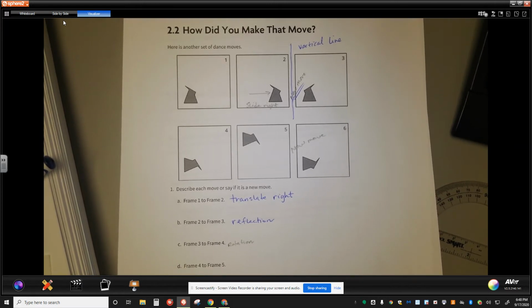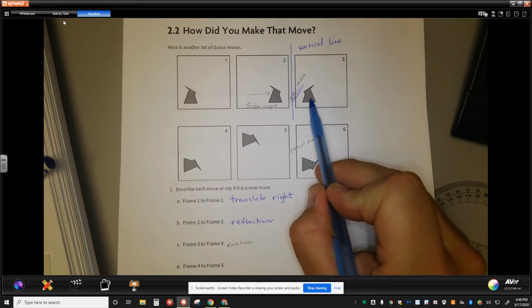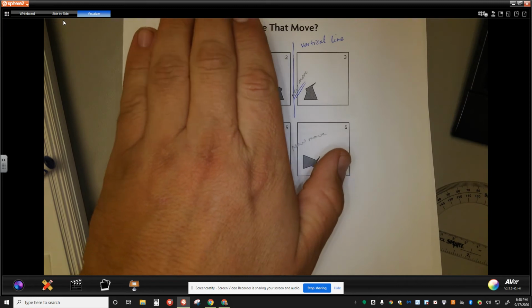When you get to 8th grade, the emphasis is on reflecting across the y-axis and reflecting across the x-axis. Those will be the two axes that we see reflections on when we see these on a coordinate plane. We see the figure. We talked about how this one took it like this.